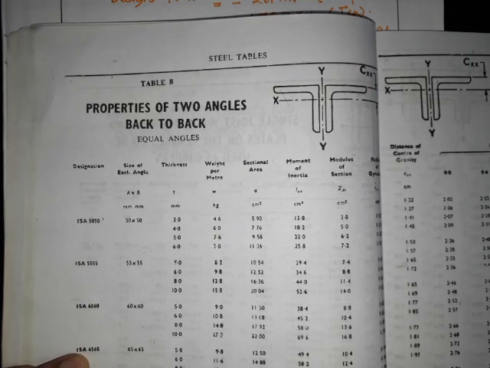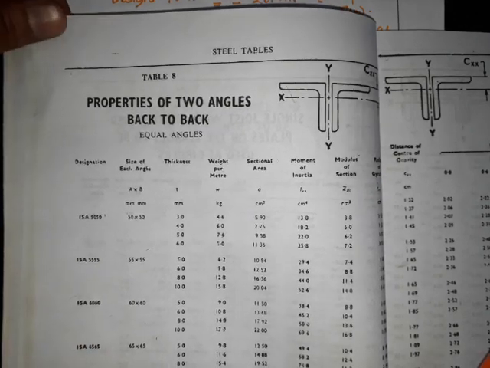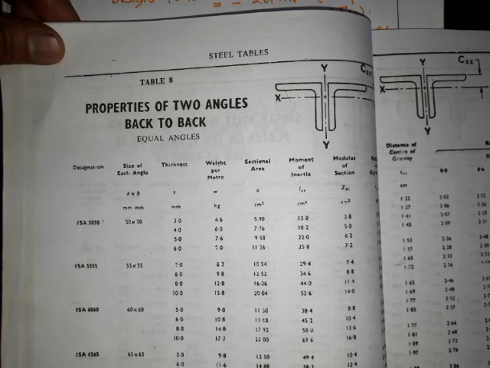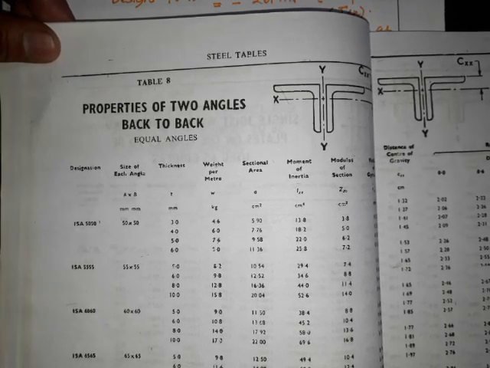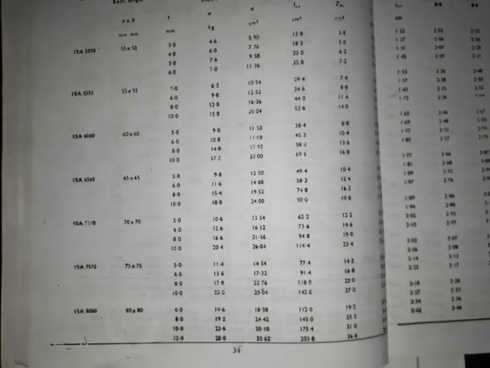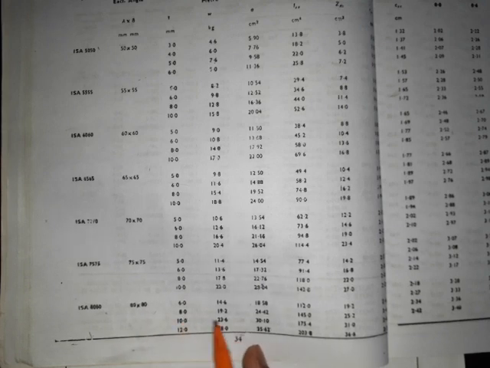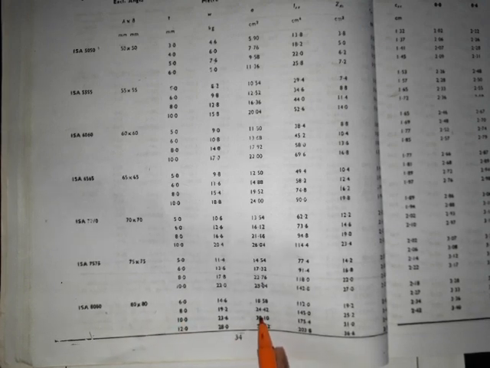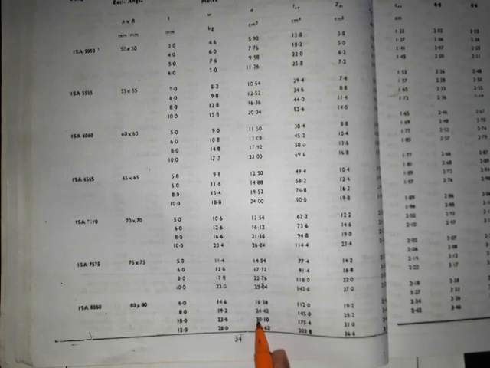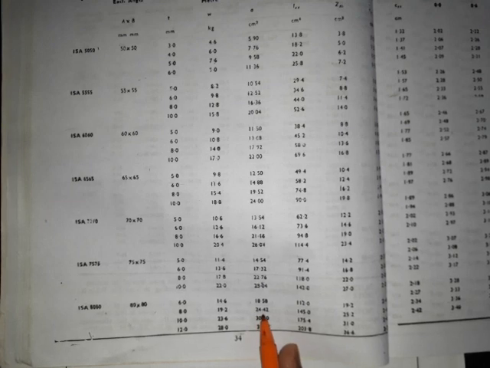So for our principal rafter, I am selecting section ISA 80 by 80 by 8. So I will show you here. Now I am selecting ISA 80 by 80 by 8, and for that the area is 24.42. So our area was 23.89 and I am selecting 24.42. So more or less 5% it is fine. So you have to select a section by referring steel table.